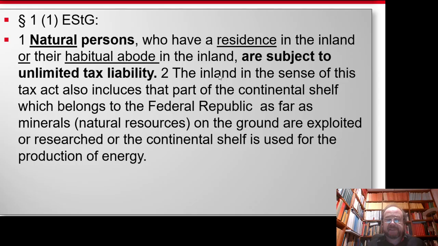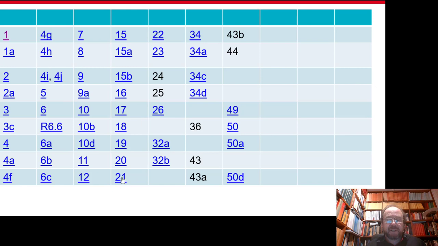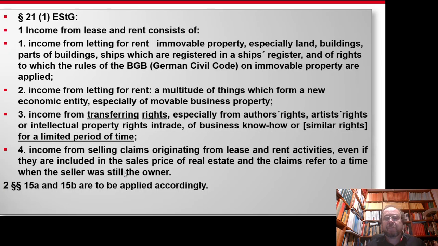So first go to the table of contents. Then we need paragraph 21, and here indeed 21 ESTG. Sentence 1, here the small number is the sentence. Here's sentence 2 beginning, but sentence 1 has a list.